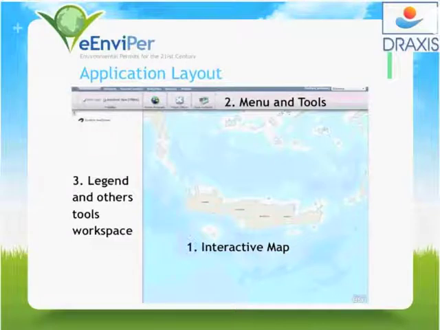For example, the Natura layer that you asked is one of the layers that are available from the Greek Ministry of Environment to be used freely under the Greek SDI.